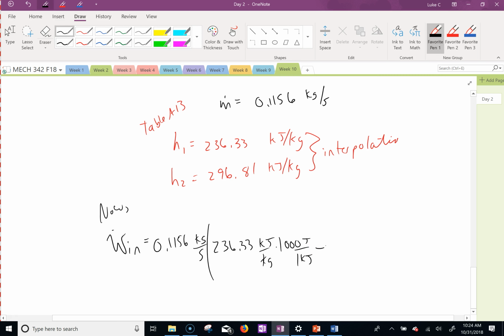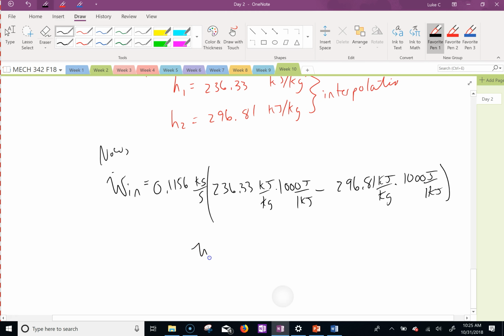Minus 296.81 kilojoules per kilogram times 1,000 joules per kilojoule, and you get 7 kilowatts, or 7,000 watts.